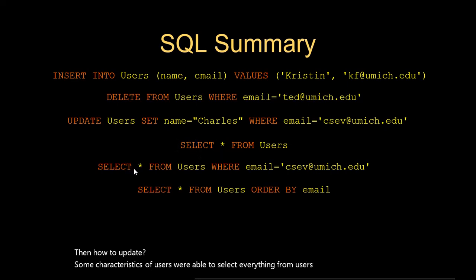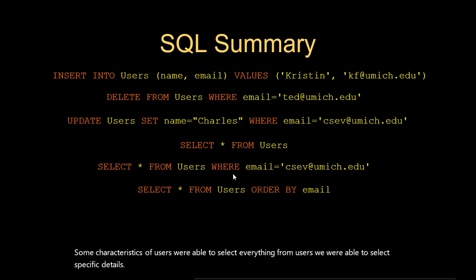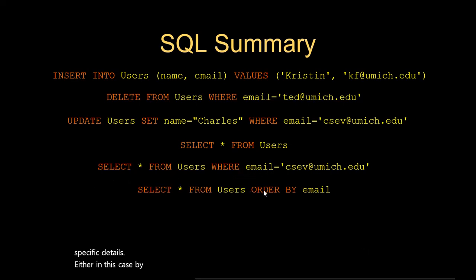We were able to select specific details, either in this case by email, or in this case again by email, sorting by all the emails, and with the order of ascending based on the email address.